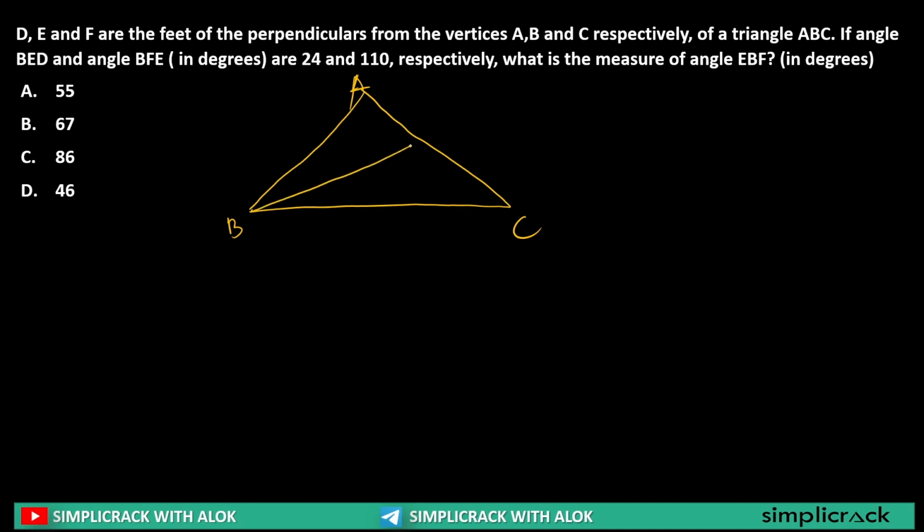So if I draw a perpendicular over here, and over here, and over here, all these are perpendiculars. D, E, F are the feet. If angle BED is given, and angle BEF, this angle is how much? 24 degree.